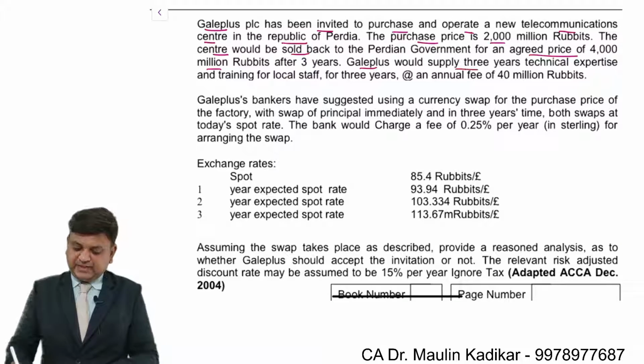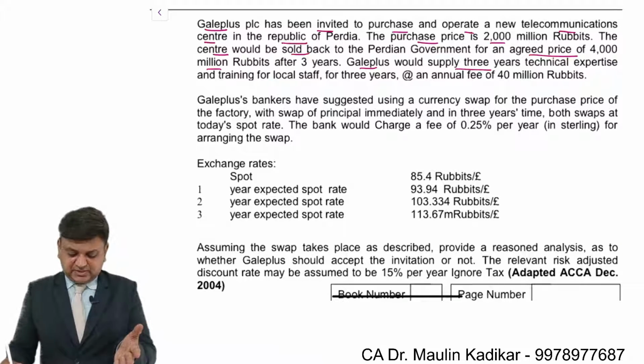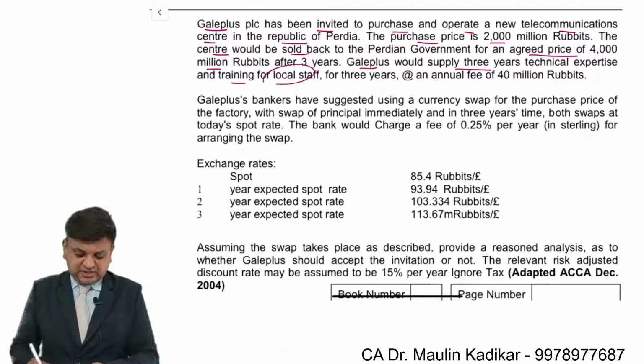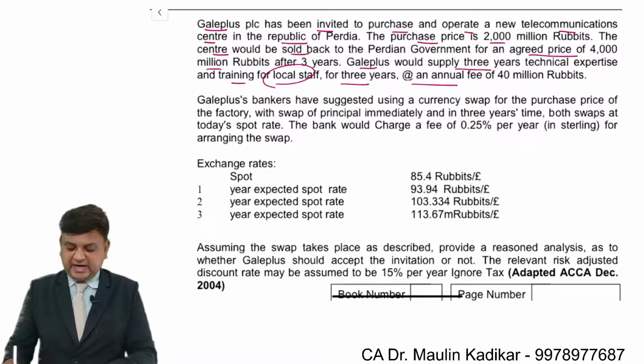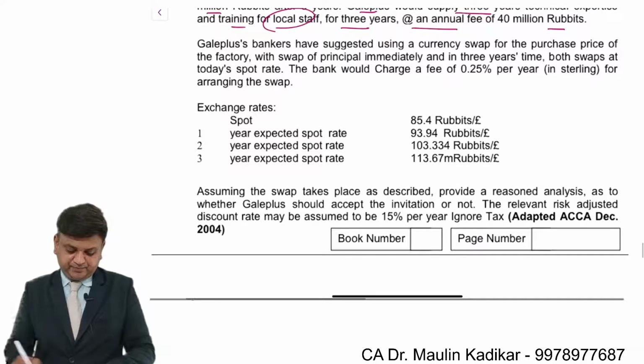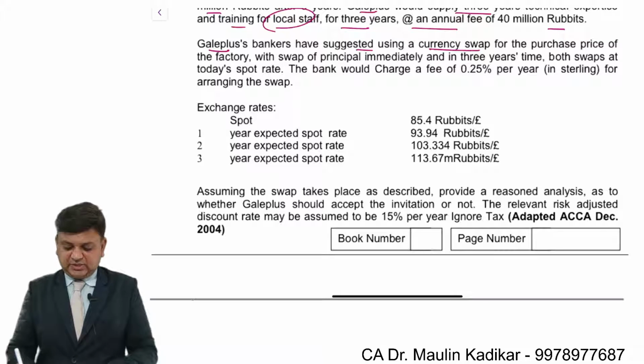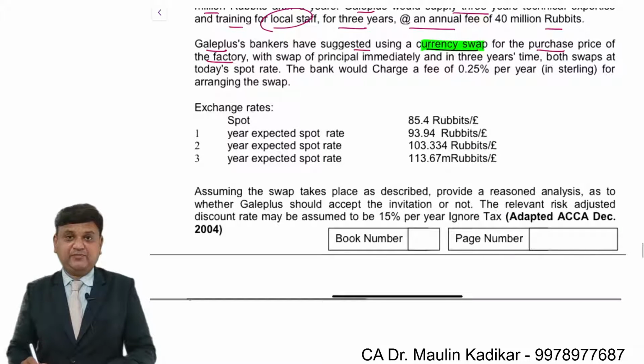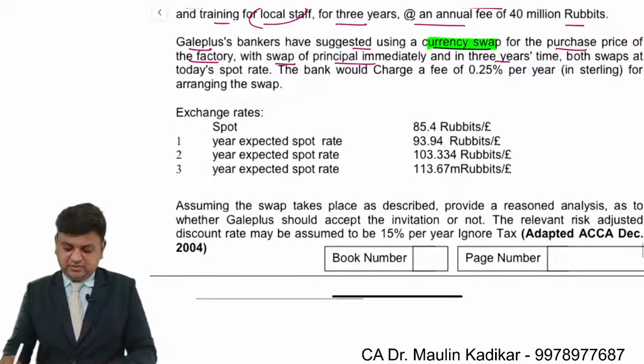Gale Plus would supply 3 years of technical expertise and training for the local staff at an annual fee of 40 million rupees. Gale Plus's bankers have suggested using a currency swap for the purchase price of the factory, with the swap of the principal immediately and in 3 years' time.